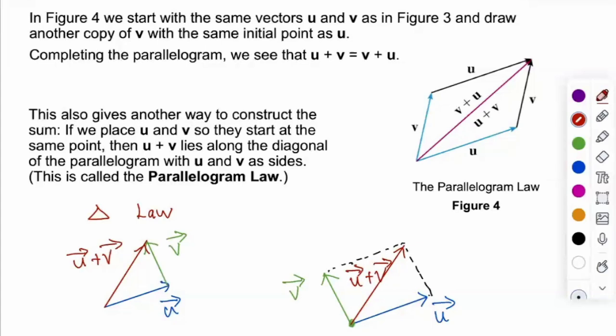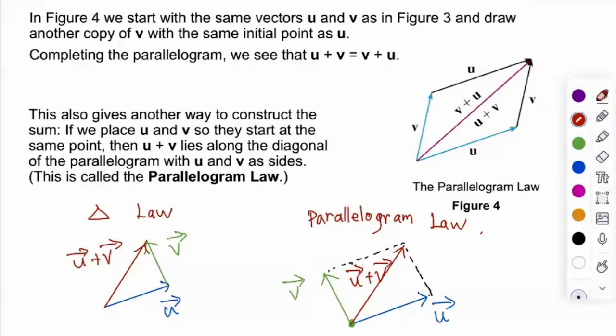Yeah, they're equivalent. They're just at different positions, but they're equivalent, right? So you get the same result. This is called the parallelogram law. So there are two ways to add two vectors: one is the triangle law, the other is the parallelogram law. Which one do you guys prefer?